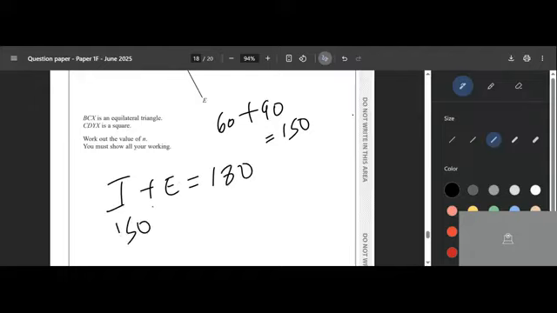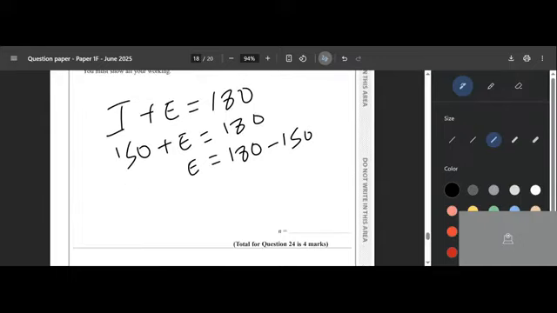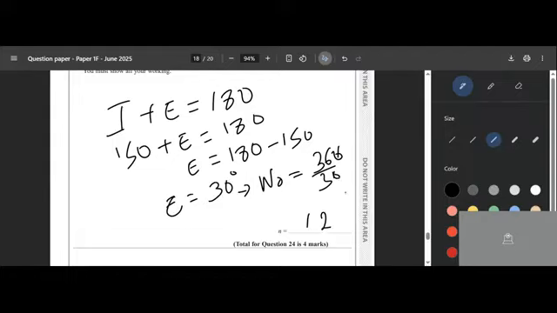So 150 plus exterior gives 180. Therefore, the exterior angle is 180 minus 150, which is 30 degrees. To identify the number of sides, you take 360 divided by the exterior angle, which is 30, and we'll have 12 sides.